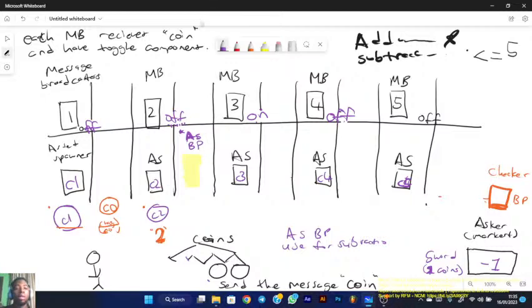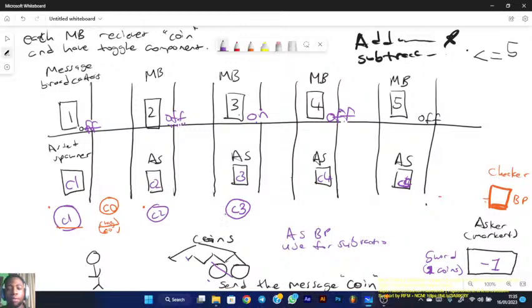So if the player takes one more coin, it sends the message coin, which is received by this message broadcaster. The message broadcaster sends a message that spawns C3.